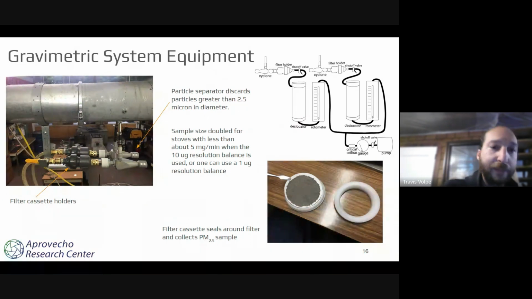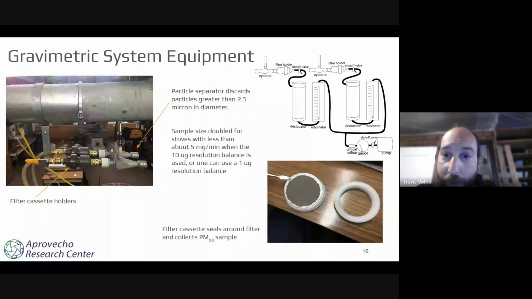So the gravimetric system of the LEMS is broken down in the small diagram on the top right here, mainly consisting of a pair of particle separators or cyclones, which will take any particles greater than 2.5 microns.